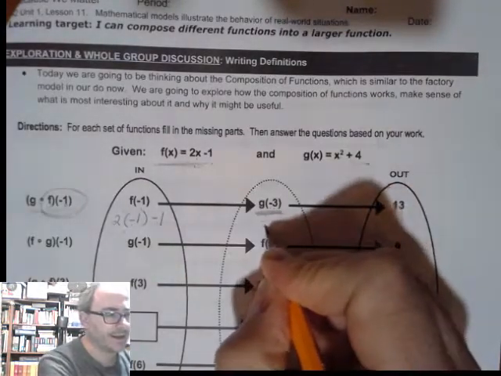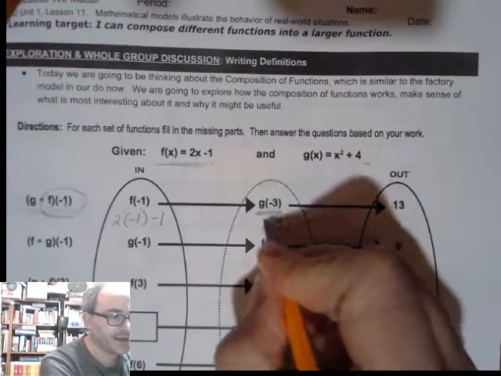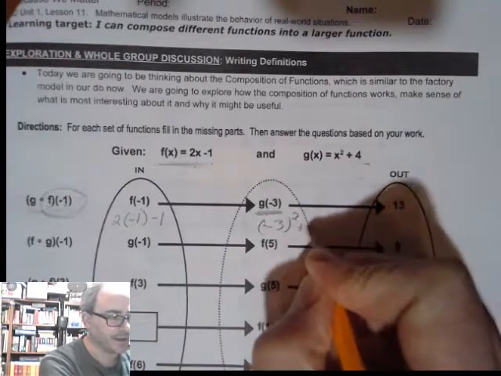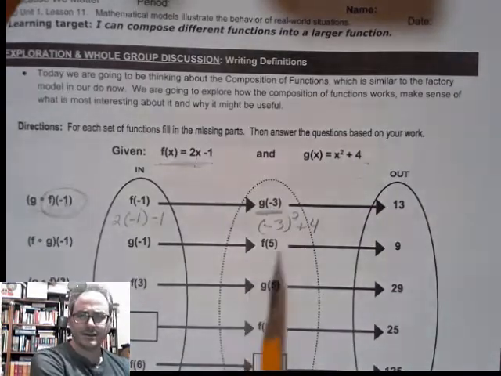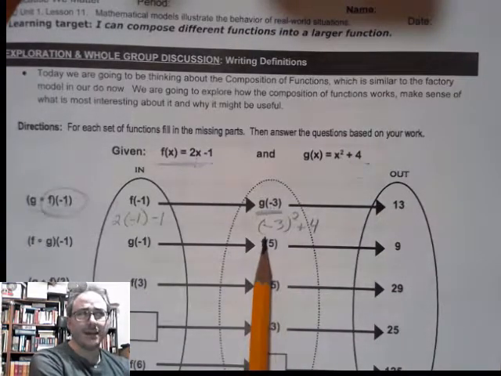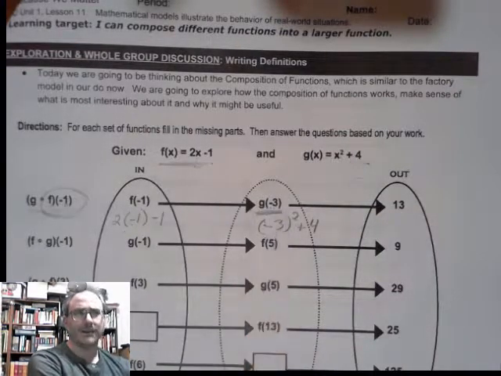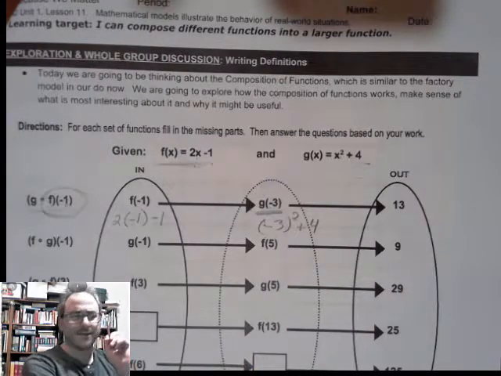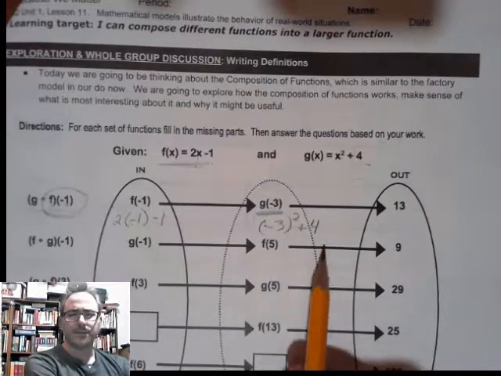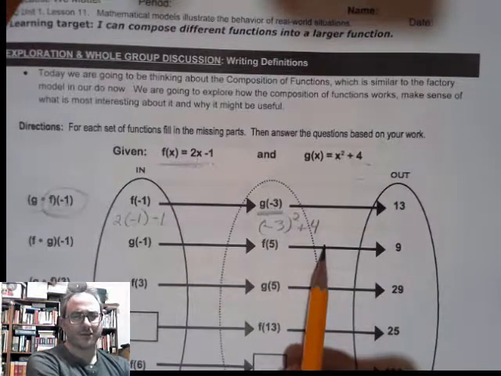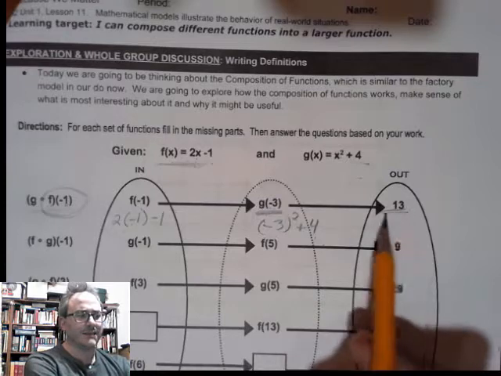So I plug in negative 3 for x. Negative 3 gets squared, just like the x got squared, plus 4. So what's this equal? Negative 3 times negative 3. A negative times a negative is a positive, so that is positive 9. Positive 9 plus 4. Break out your calculator if you don't know it. That's 13. That's what we have right there.